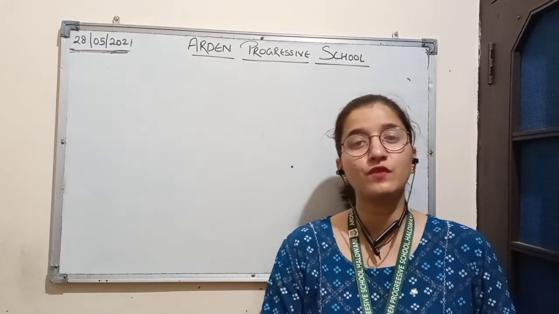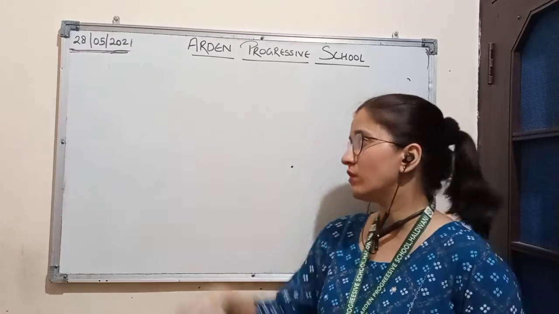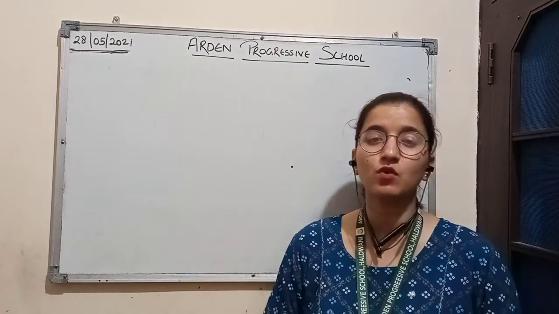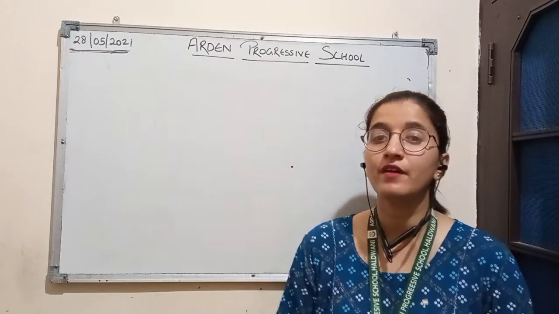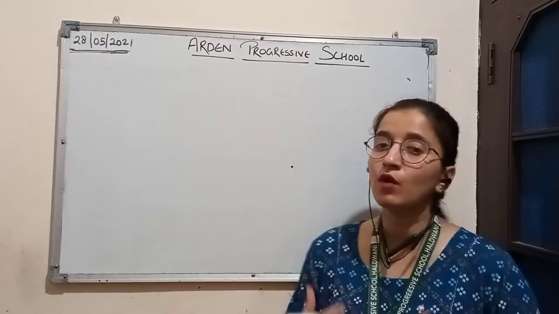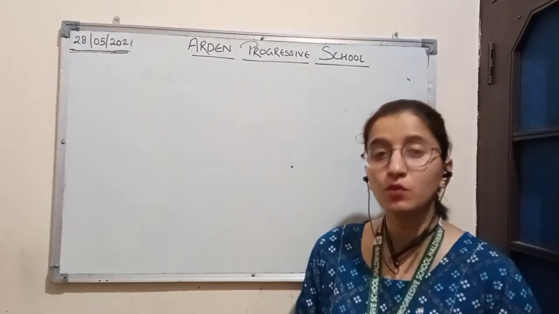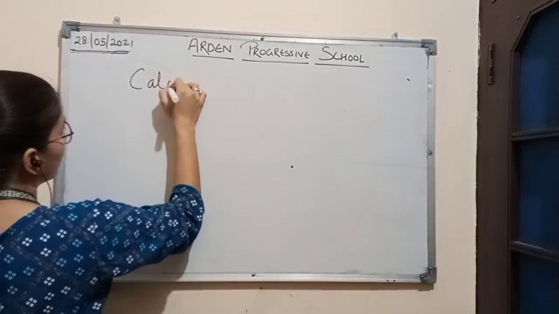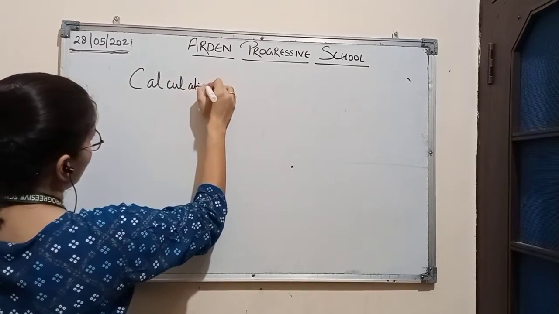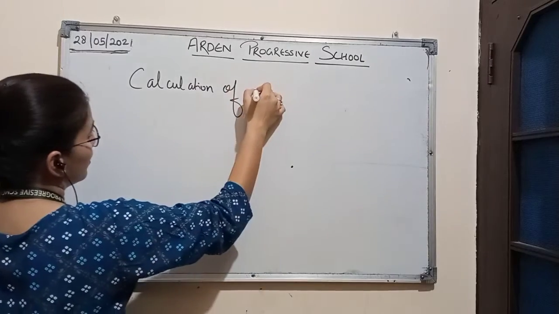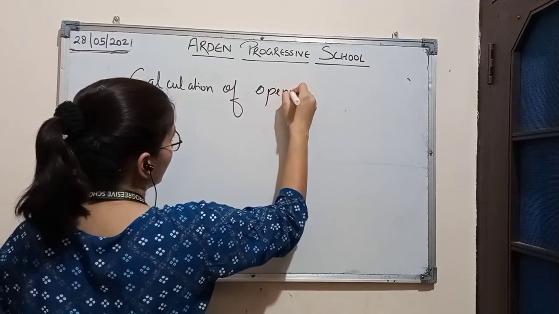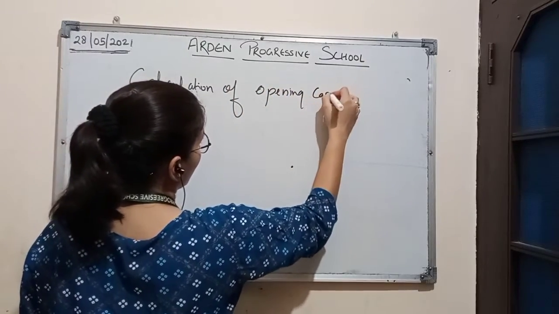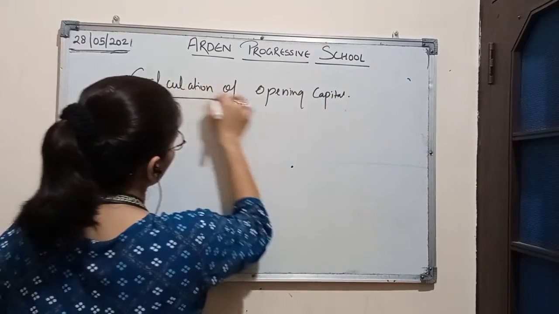The errors which we have studied till now, we will solve a numerical question based on comprehensive errors. So here we will also learn about some new calculations, such as calculation of opening capital.